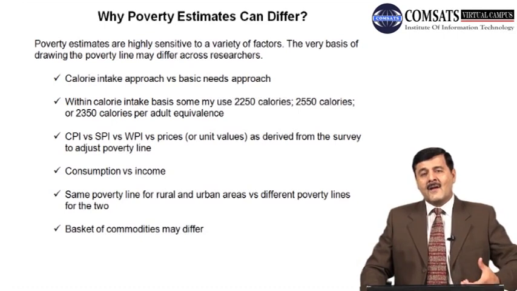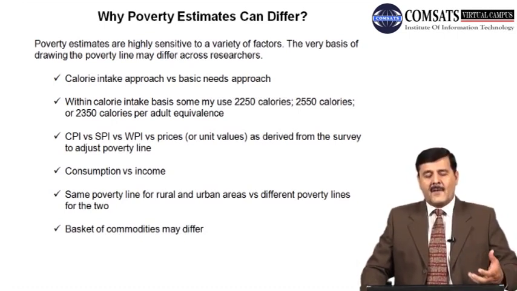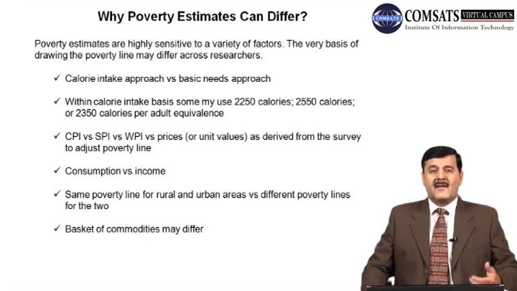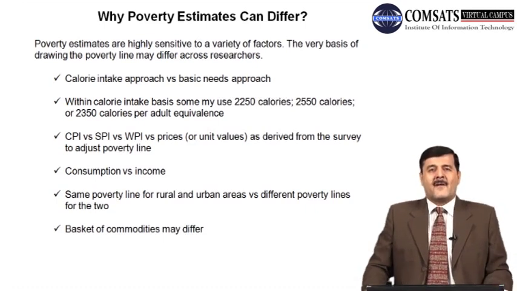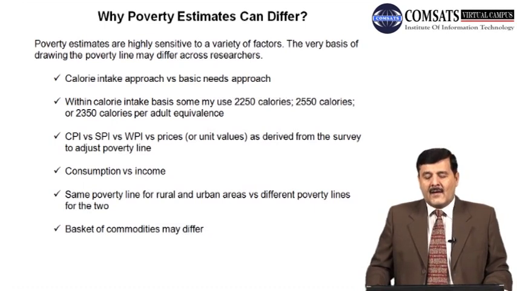the minimum calories required per day to survive, right? So for an individual, that measures the poverty in the country or in the economy. So within the calorie intake basis, some may use the minimum requirement for calorie intake per day as 2250 calories.